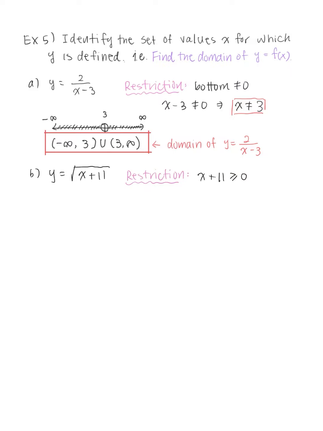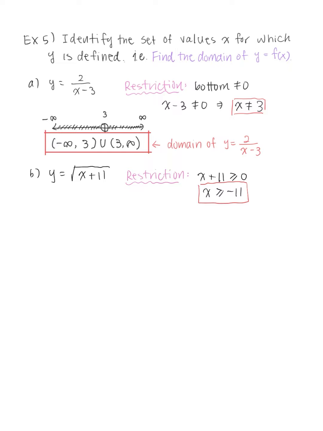Subtracting 11 from both sides, that means x better be greater or equal to negative 11. So this is telling you that for all values greater or equal to negative 11, your function will be defined. Now, if you take something outside of that, then you'll get a negative quantity as your radicand, which makes y undefined.